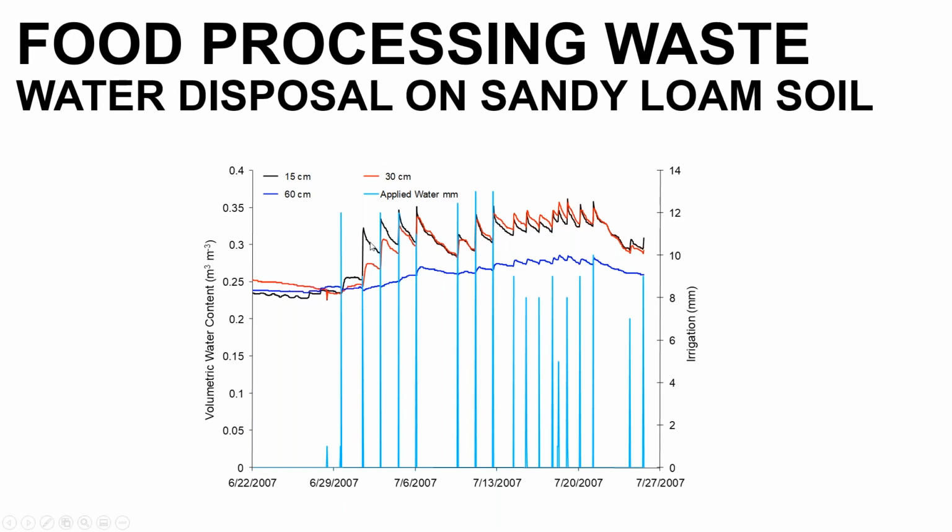And then a little bit later, you see the response at the deeper depth. The shallow one is at 15 centimeters, the deeper one is at 30 centimeters. Finally, sometime later, you see those irrigations showing up at the deepest depth in the blue line here. That's at 60 centimeters.